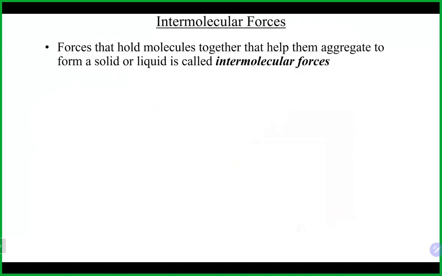Intermolecular forces are the forces that hold a molecule together with another molecule. And that would be, for example, if you took two water molecules. Water is polar, and that means that the oxygen side of water is more negative. The hydrogen side of water is more positive.